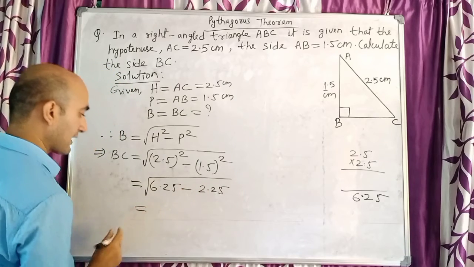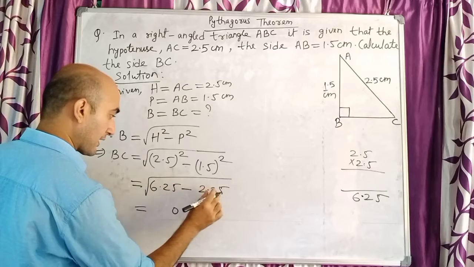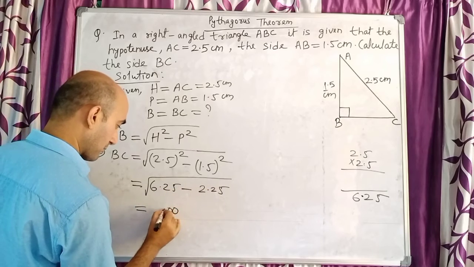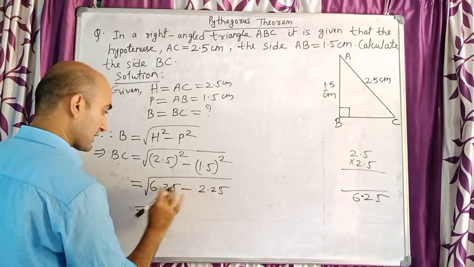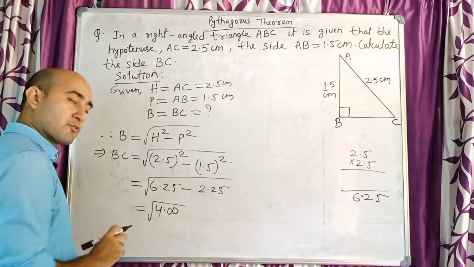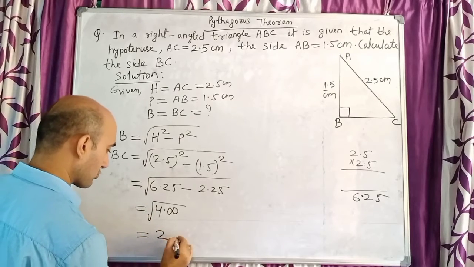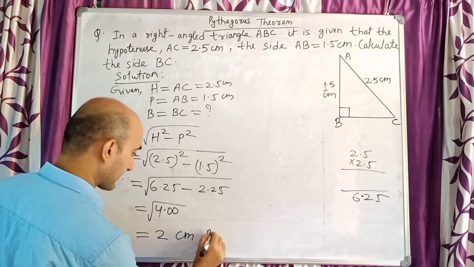After subtraction, 5 minus 5 is 0, 2 minus 2 is 0, then the point, and 6 minus 2 is 4. So 4.0 means actually it is 4 only, and root over 4 is 2, and my answer will be in centimeter.